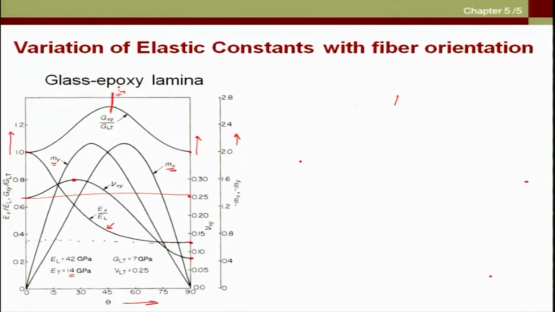So, the maxima of nu xy is not necessarily either at 0 degrees or at 90 degrees, it can be at some value in between 0 and 90. In this case, it is maximizing at around 30 degrees.